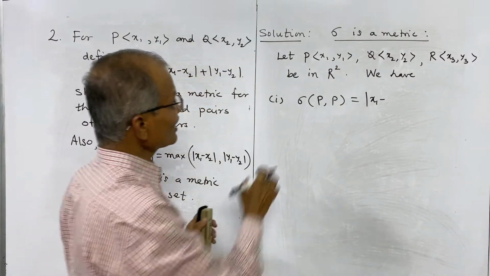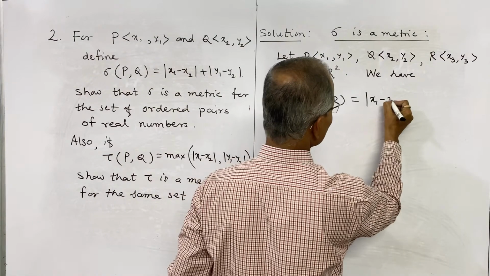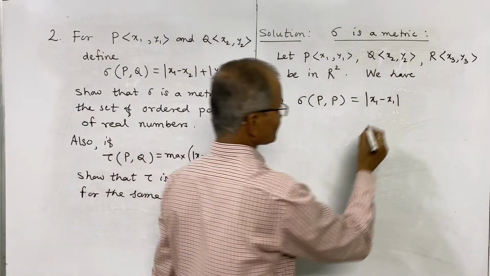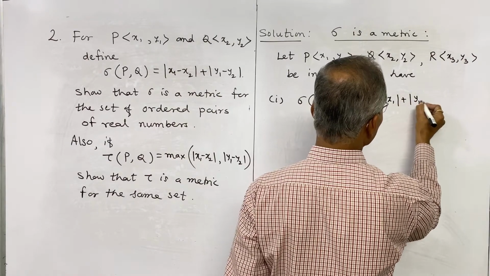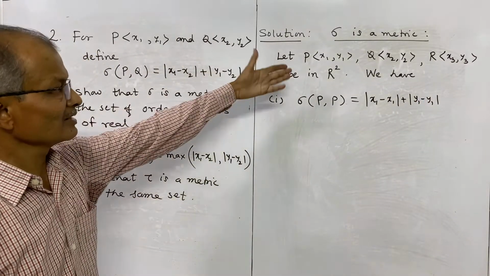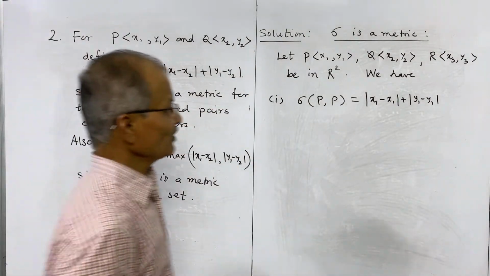But if you consider P and P, then it will be the absolute difference of x1 and x1 plus absolute difference of y1 and y2. In place of x2 y2, there is x1 y1 again, and obviously this is 0.